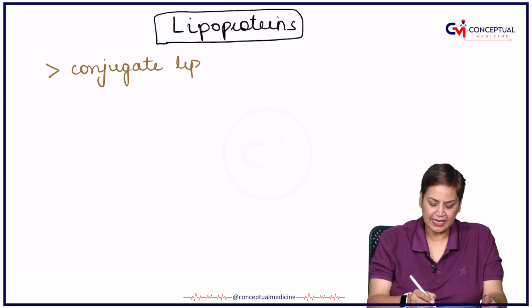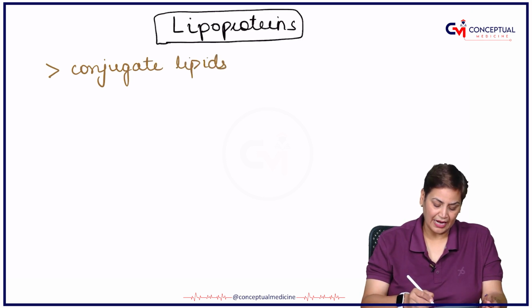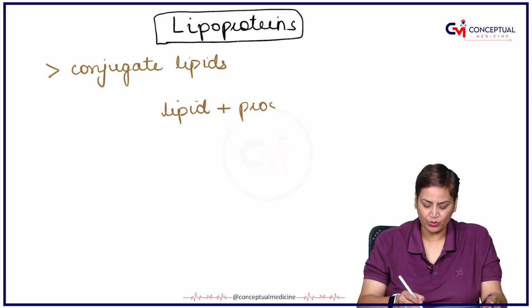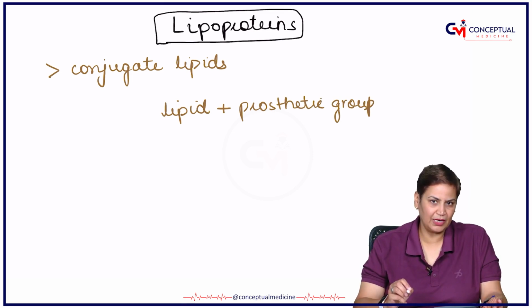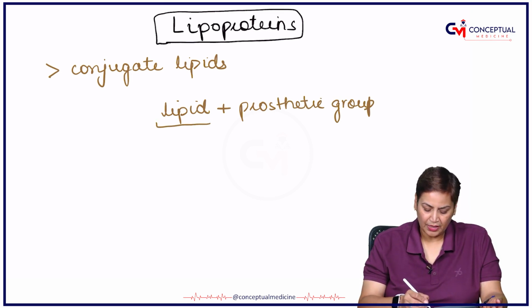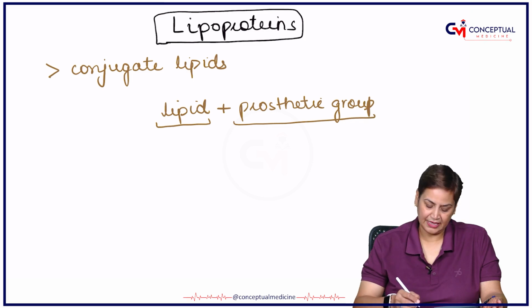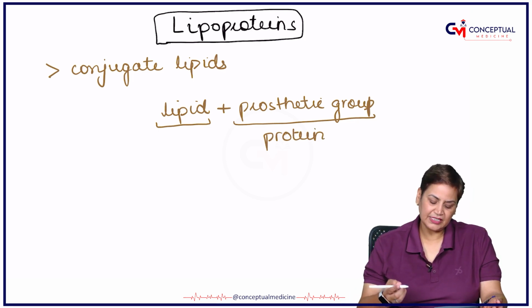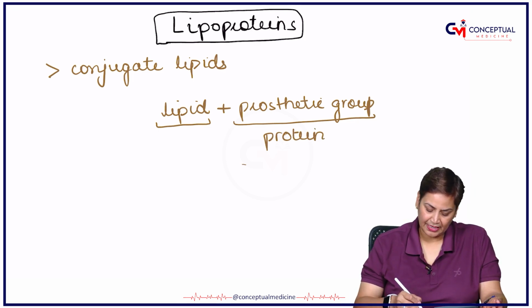Now if we say what are conjugate lipids, we know that it is a lipid which is associated with a non-lipid part, which is known as the prosthetic group. And always remember, the prosthetic group is different from the lipid component. So this prosthetic group here is a protein, and this protein which is associated to a lipid is known as an apoprotein.